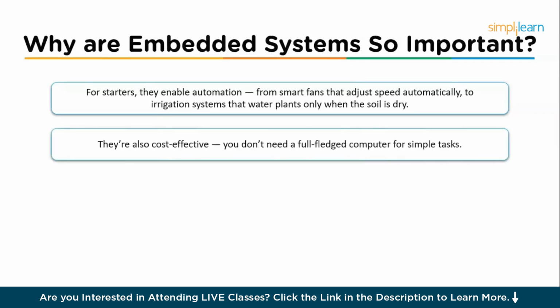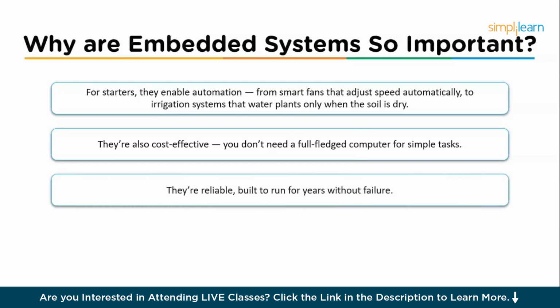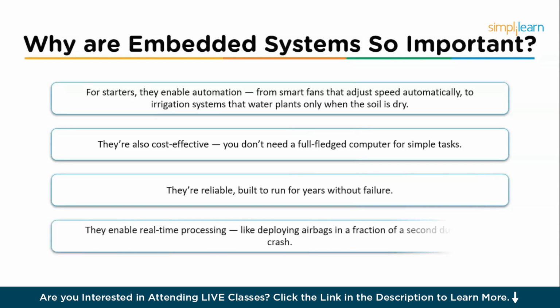They are also cost effective; you don't need a full-fledged computer for simple tasks. They are very reliable, built to run for years without failure. Most importantly, they enable real-time processing, like deploying airbags in a fraction of a second during a crash. And with the rise of IoT, they are becoming even more critical.